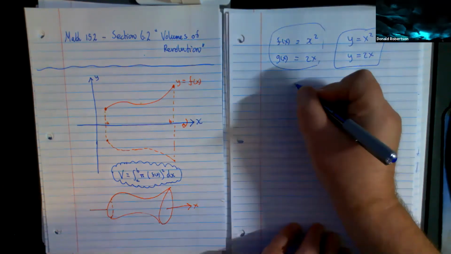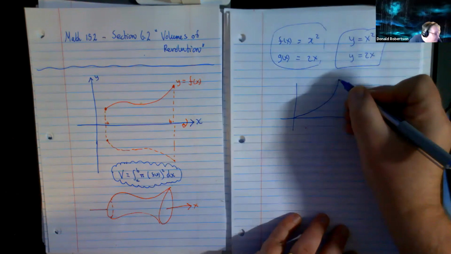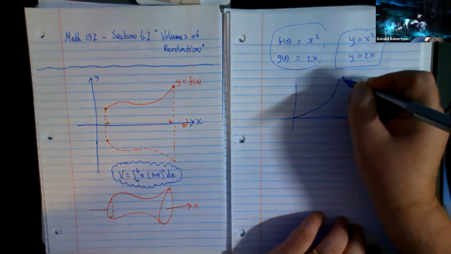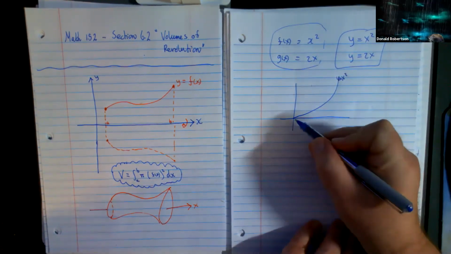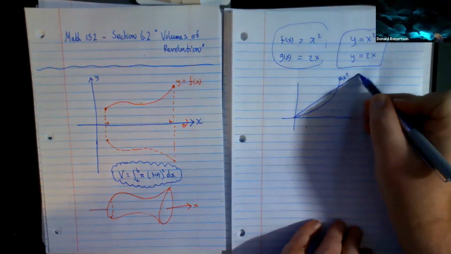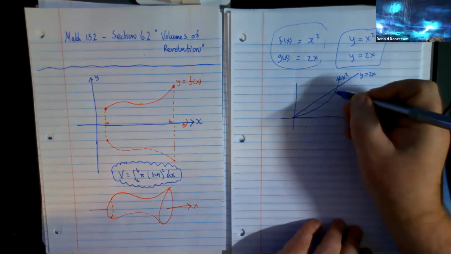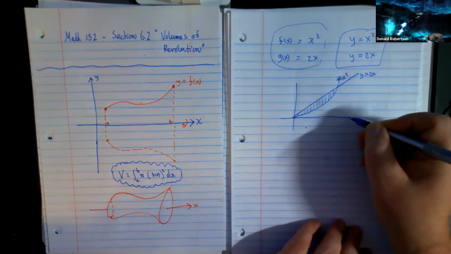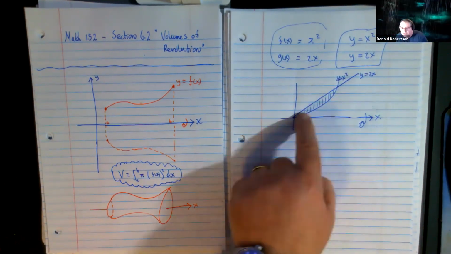So in Desmos, you would sketch the two curves. This is y equals x squared. And this fella here is y equals 2x. And the region that we're going to rotate about the x-axis is that banana shape.